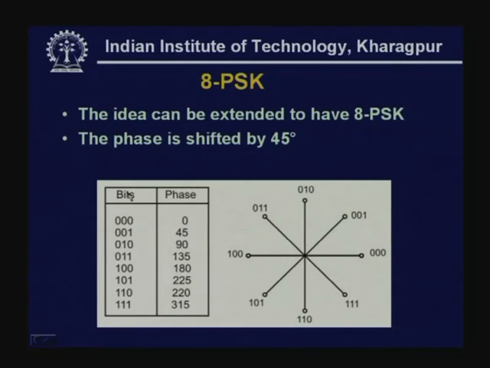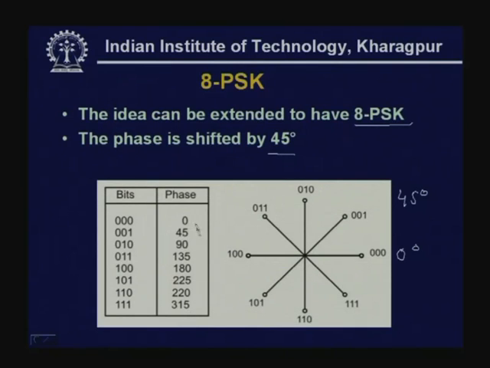The idea can be extended further. Here as you can see, this is an 8 PSK signal. Here the phase shift is by 45 degree. So 0 0 0 corresponds to 0 degree, 0 0 1 corresponds to 45 degree, and so on as shown in this table. 0 1 0 90 degree, 0 1 1 135 degree, 1 0 0 180 degree, 1 0 1 225 degree, 1 1 0 270 degree, 1 1 1 315 degree.